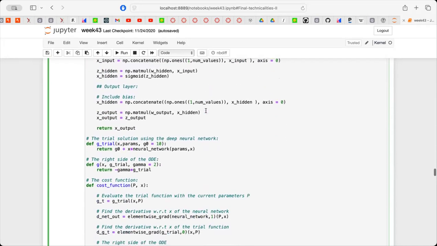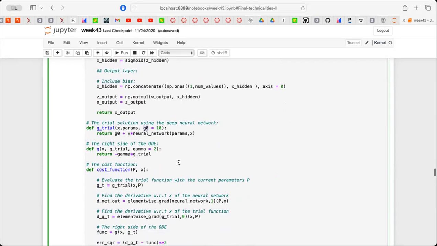And then below here, I'm actually setting up the back propagation algorithm with all the gradients which need to be evaluated. So my trial wave function is simply given now by the initial condition, which I put to 10. And then I have x times my neural network with the parameters. And my right side of the ordinary differential equation is simply this parameter gamma times this trial wave function.